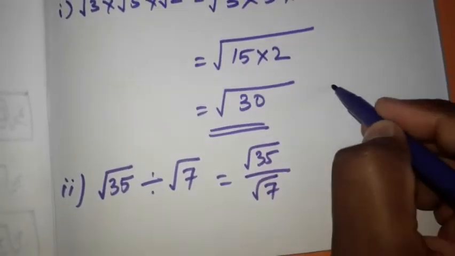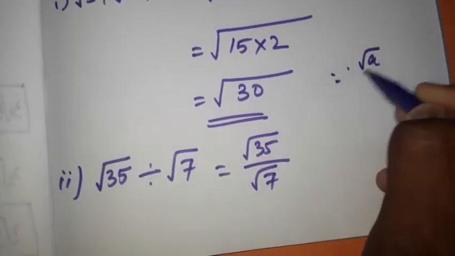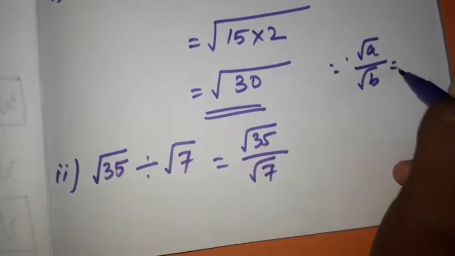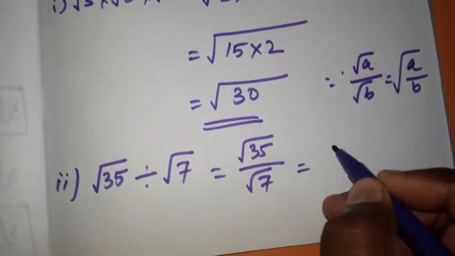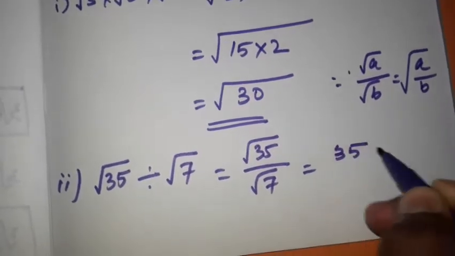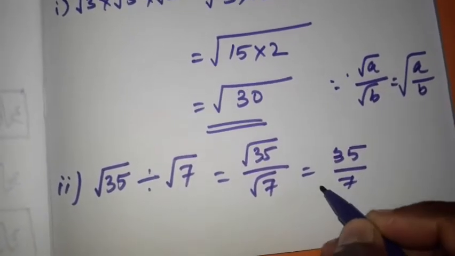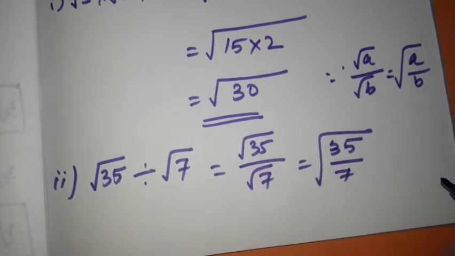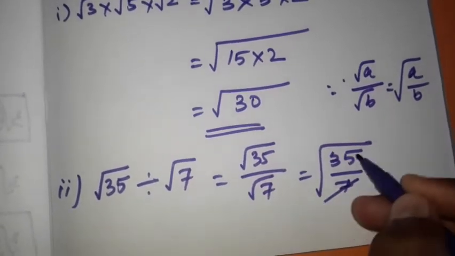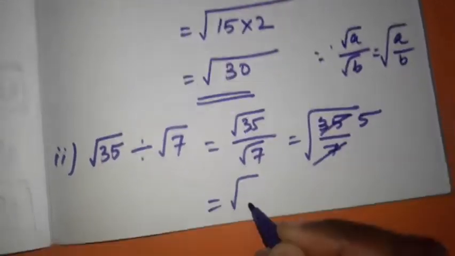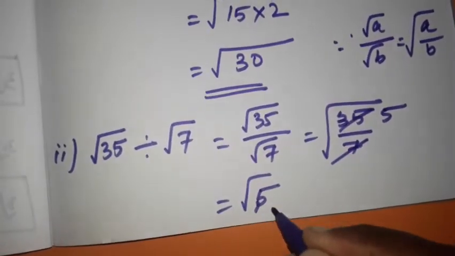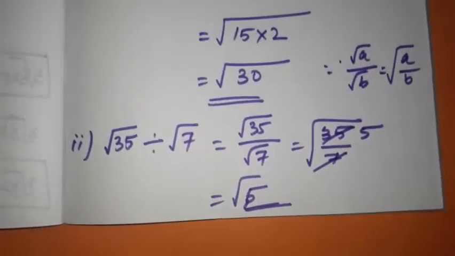We already know one property: root a by root b we can write as overall root a by b. Therefore we can write 35 by 7 under one common root. Now 5 times 7 is 35, therefore we can write root 5. So this is the required solution.